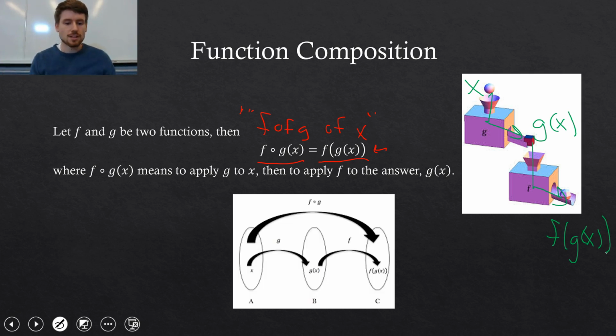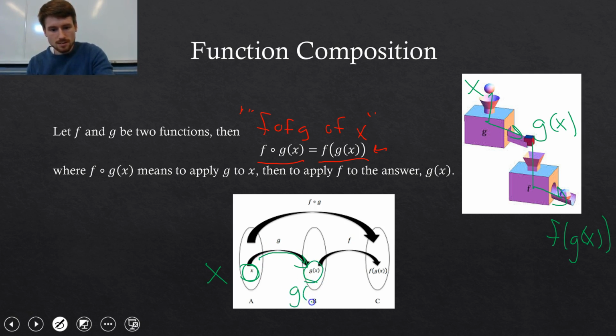Here's another picture that you can use to think about it. We've got some x's, and here's our x to start off with. There's x, and it's going into the g machine, so g is sending it to g of x right here.